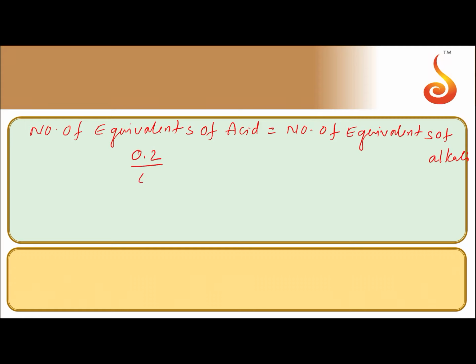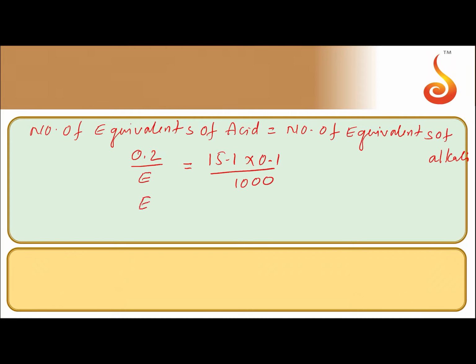So 0.2 by equivalent mass. So mass by equivalent mass gives the number of equivalents only. And then they have given volume. So 15.1 into 0.1 normal by 1000. This gives us the number of equivalents of alkali.